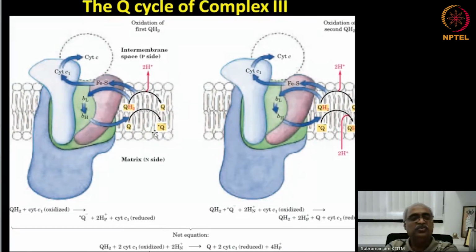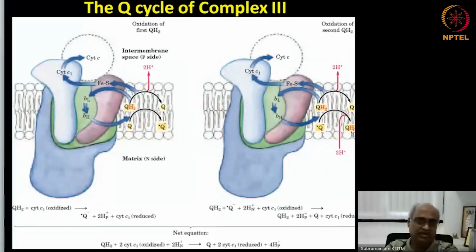And when you oxidize another fully reduced ubiquinol, 1 electron goes to cytochrome C just like the first one, and the other electron reduces the semiquinone free radical to the fully reduced ubiquinol.